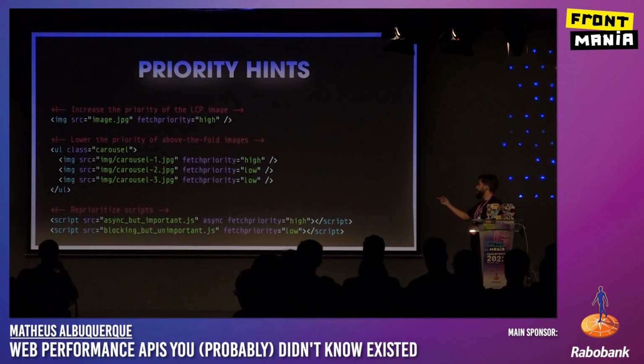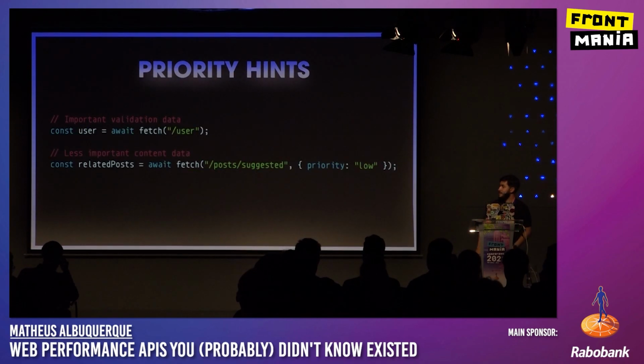One scenario that's really helpful, for example: let's say we have a huge carousel or a huge list or whatever that displays a lot of images. We can just go high priority for the ones that the user is seeing, and then go low for the next ones. And the same thing with scripts or third-party imports, that kind of thing. And the most amazing thing is that we can do that with fetch requests as well.